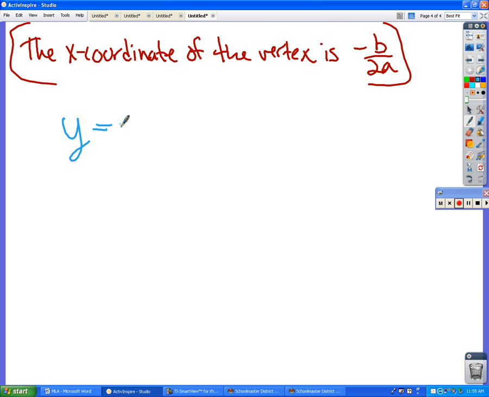Yes? 0.7 and 9. Okay, so he wants 0.7x squared plus 9x, and then you want a c on there at the end? What do you want? 12? Okay. So, Chase is going to be a jerk, and he's going to give us a really difficult one to start with.